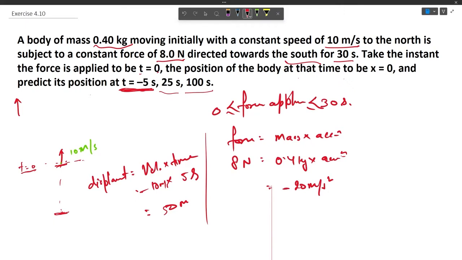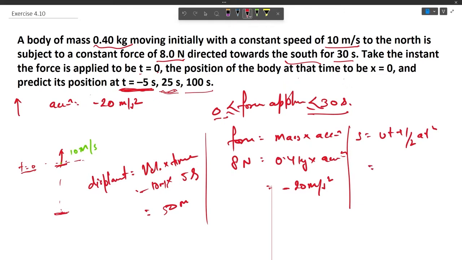So acceleration we have calculated. Acceleration is applied with the magnitude of 20 meters per second square from time t equals 0 to time t equals 30 seconds. Now finding the position at t equals 25 seconds, we can apply this equation of motion, that is s equals ut plus half at square.